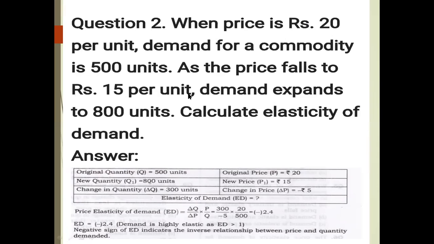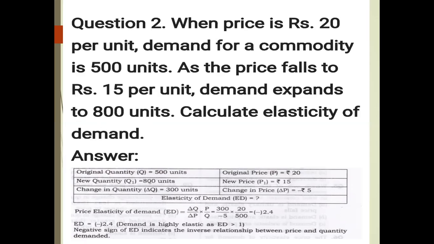The new price became 15 per unit, which we can say P1, and the new demand is 800 units. This is your Q1. So now we have to calculate the elasticity of demand.